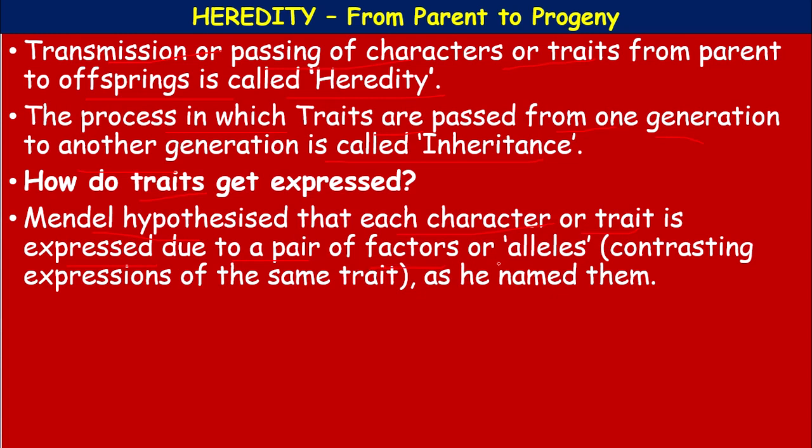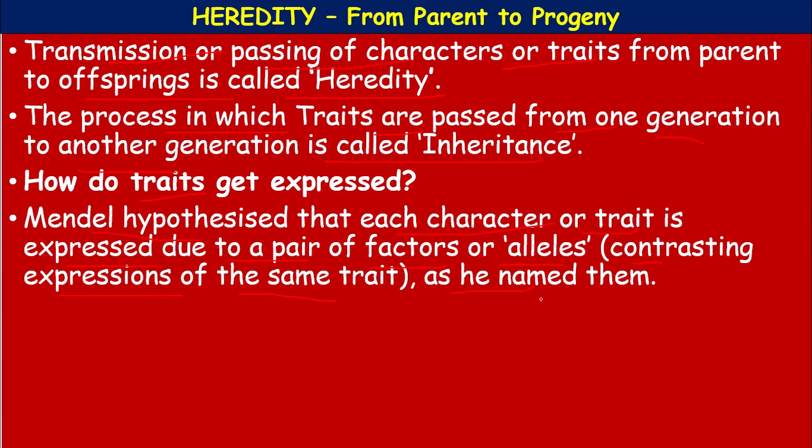These pair of factors are also called alleles. They are contrasting expressions of the same trait, as he named them. For example, in the pea plant, it is the same genus but it is showing variations, contrasting characters. At a time he has taken two contrasting characters in his experiments, like tall, dwarf, round, wrinkled, yellow, green, like that.